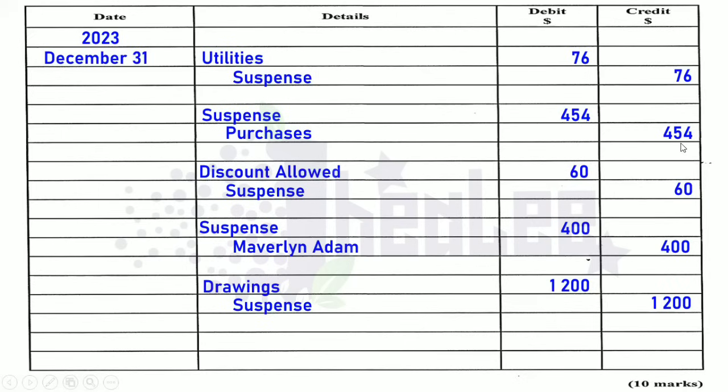The less purchases you have, the more profits you will have. So it therefore means that this reduction that we're showing in the purchase account, how do we know that's a reduction? Once you credit purchases, you're decreasing the purchases. The less purchases you have, it means that you're going to be generating more profit. So the correction of this error causes an increase in the profit.